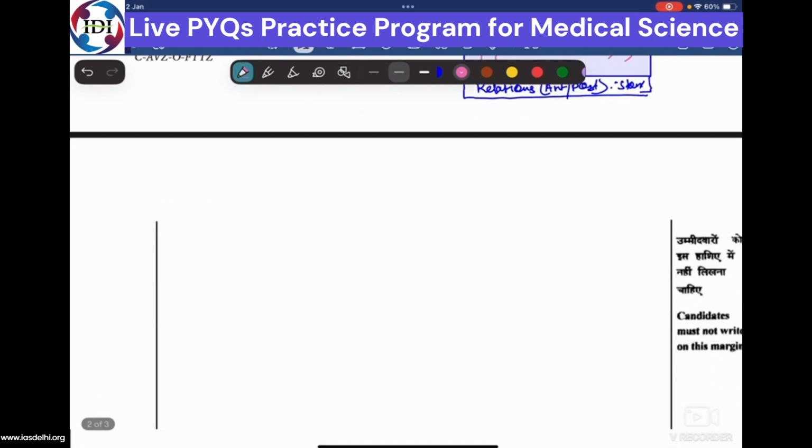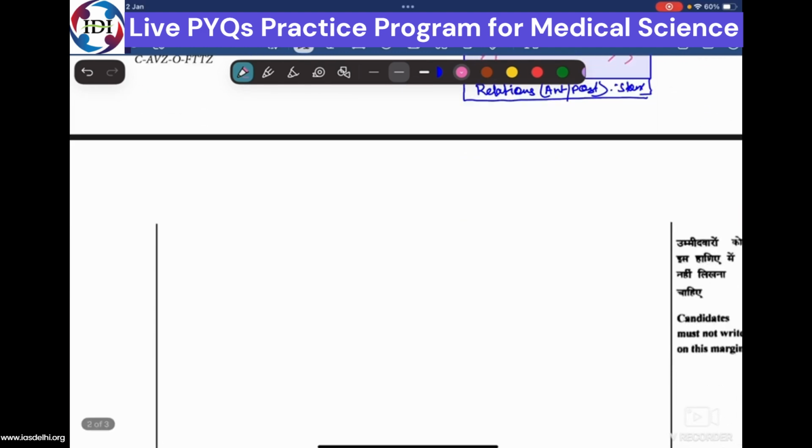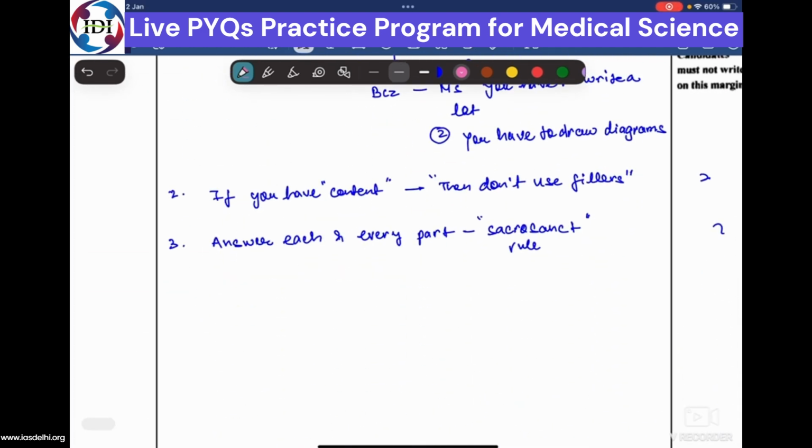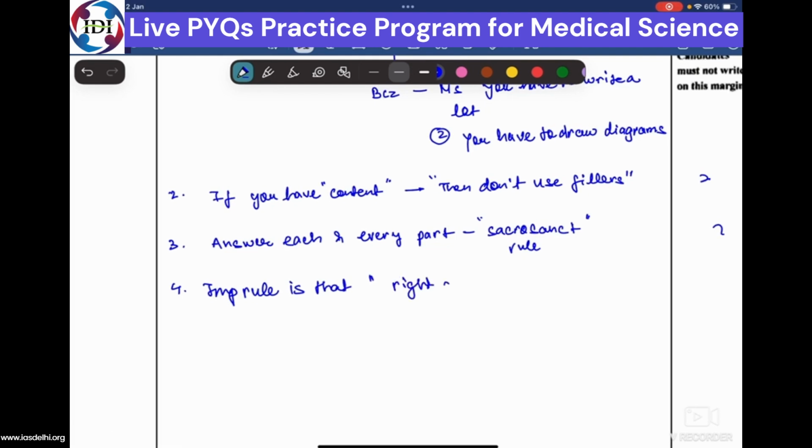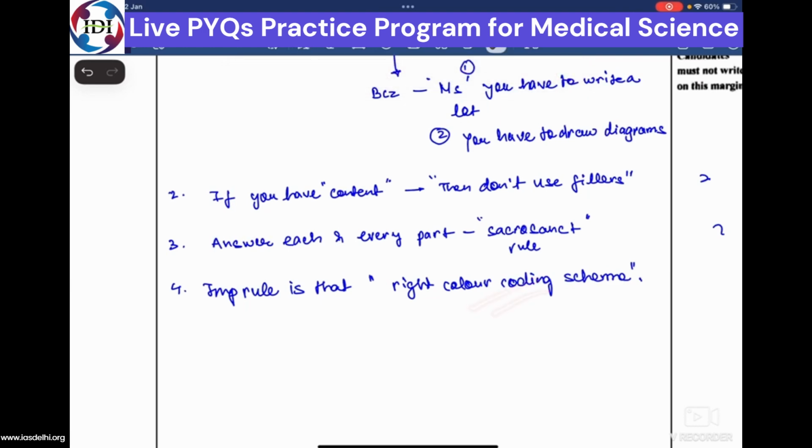So that we'll discuss. And the fourth very important rule is that we will use the right color coding scheme. We are not going to deviate too much from the color coding scheme.